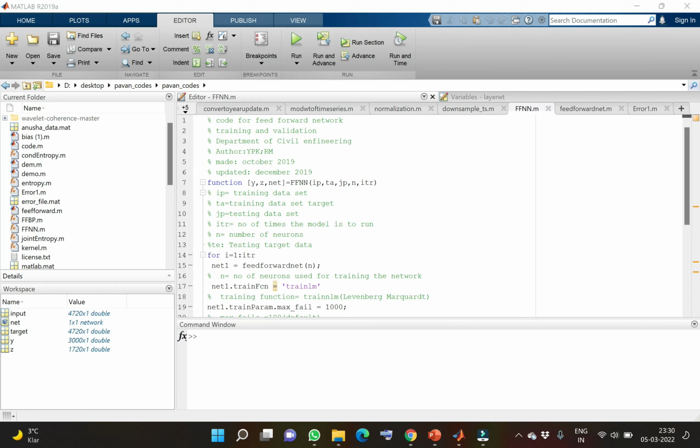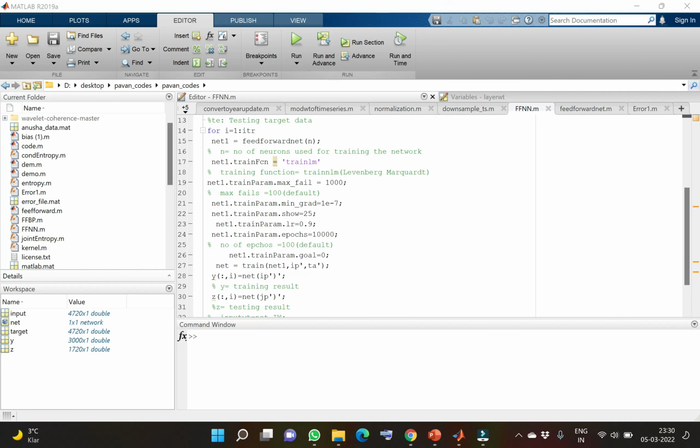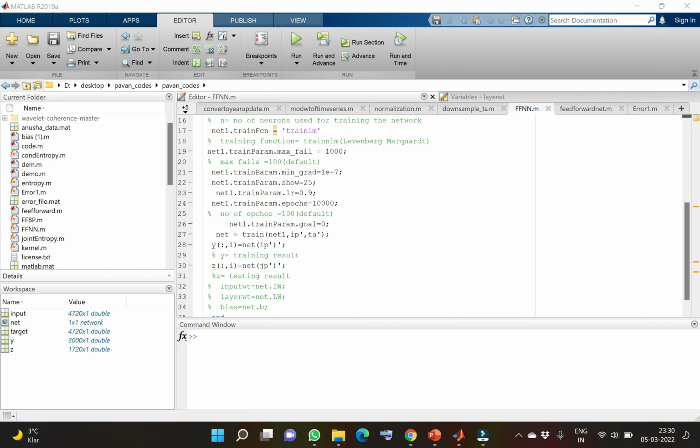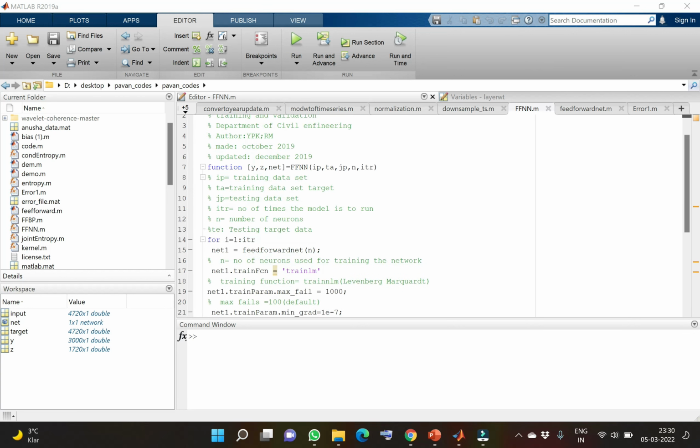In the previous video, we saw how we can develop a code for making a feed-forward neural network model, what each line of the code means, and how you can use the code to get the desired results. So in continuation of the previous video, in this video I'll be talking about various aspects, like how to save weights.